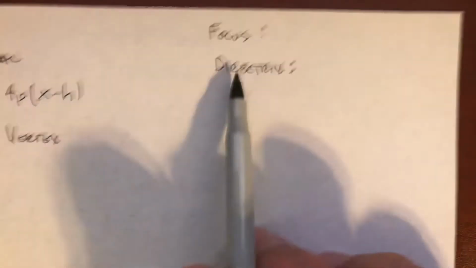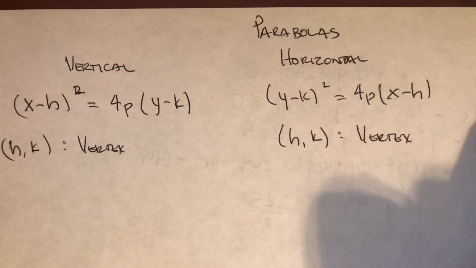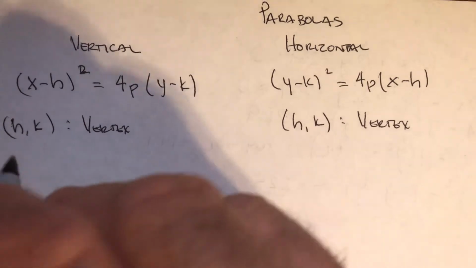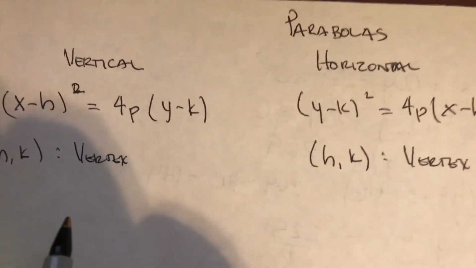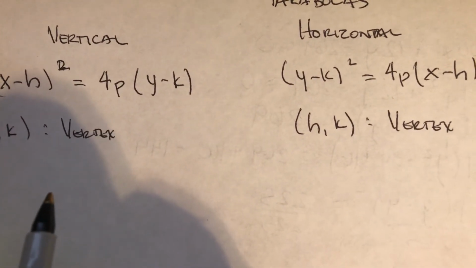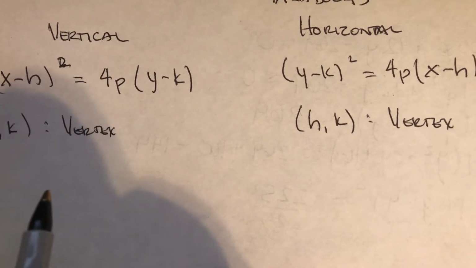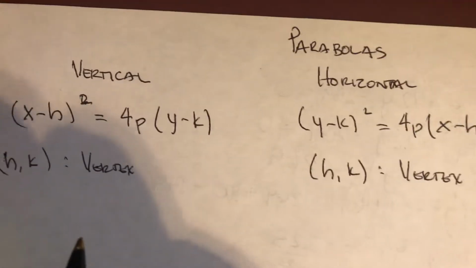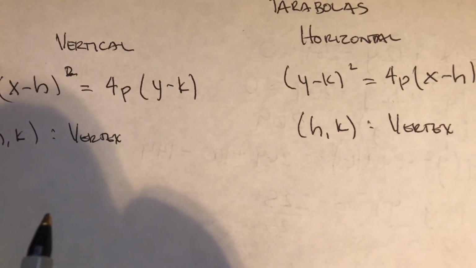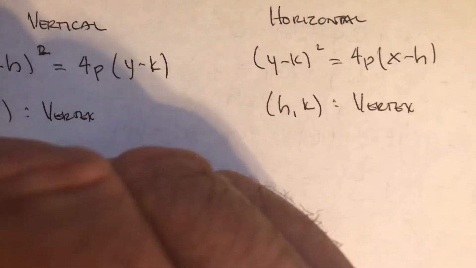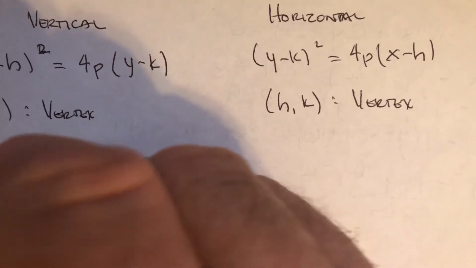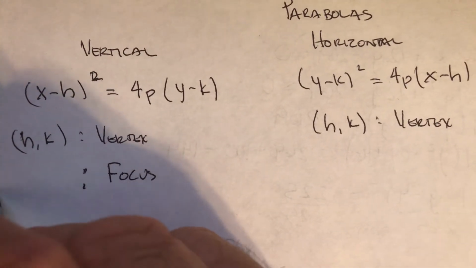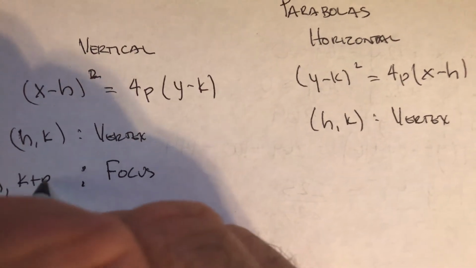Okay? So, if (h, k) is the vertex, then the focus will have the ordered pair (h, k plus p).